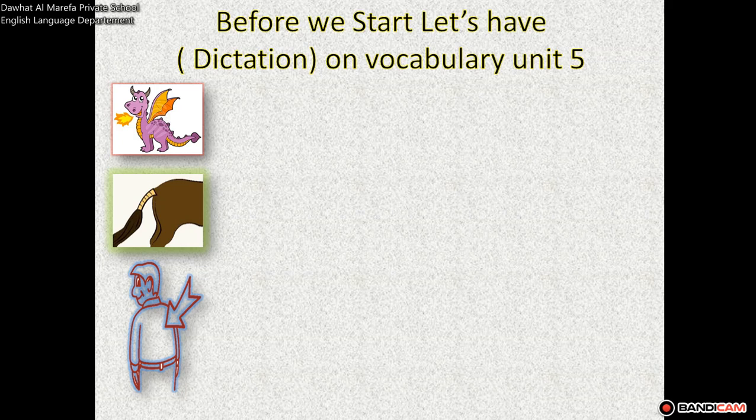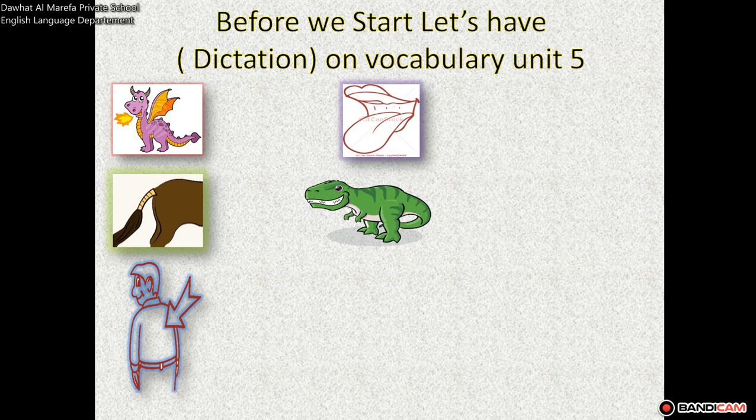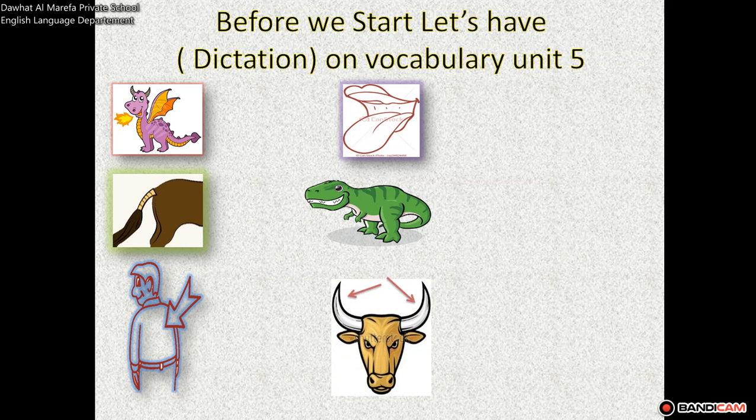Number 4 is tongue. Number 5 is dinosaur. And number 6 is horns.